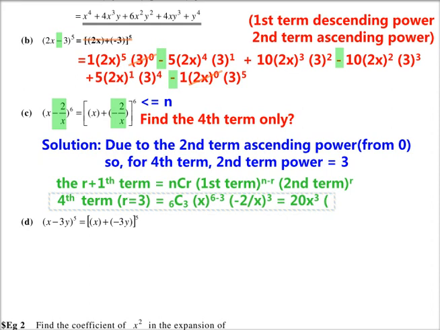So we have a negative 8 over x to the power 3. Yeah, all squared. So we know that this one will cancel out x to the power 3. So the answer is easy. So the final answer is negative 160.